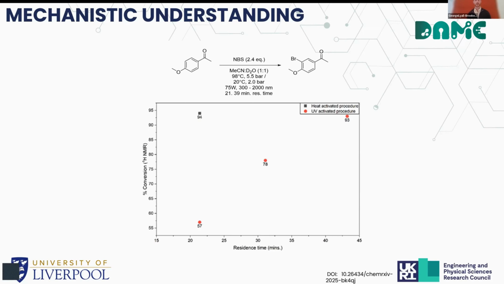As you can see here, when the D2O was introduced into the heat activated procedure, it had no impact on reaction success, with a 94% conversion obtained in the previously optimized residence time. However, for the UV activated procedure, a significantly reduced yield of 57% was obtained when D2O was used.